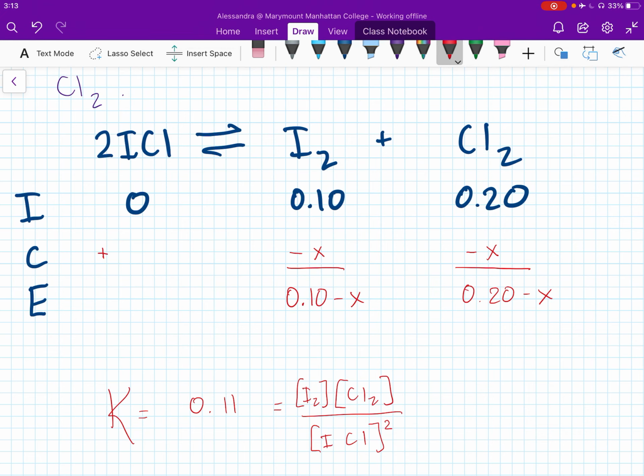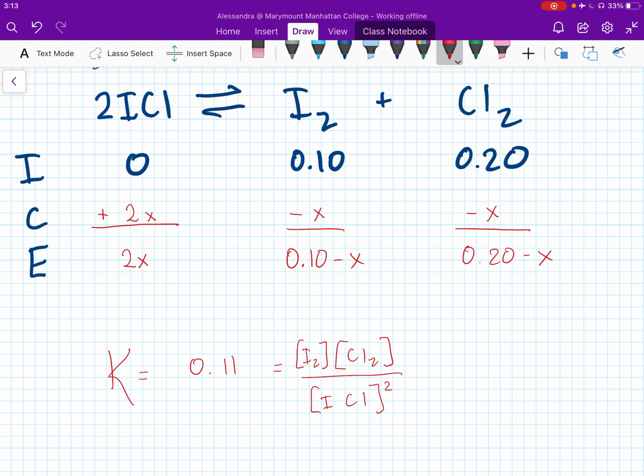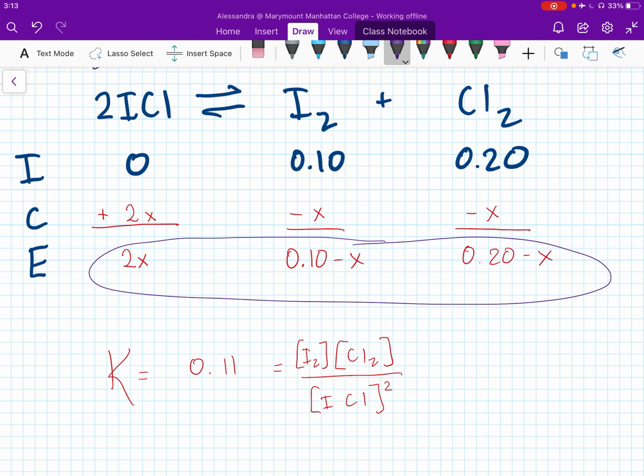And for every 1 mole of the products that we lose, we're going to be gaining 2 moles of reactant because of the stoichiometric ratio. So the equilibrium concentration of ICl can be expressed as 2x. So we can take these expressions that we just derived for the equilibrium concentrations and plug them into our formula for K.